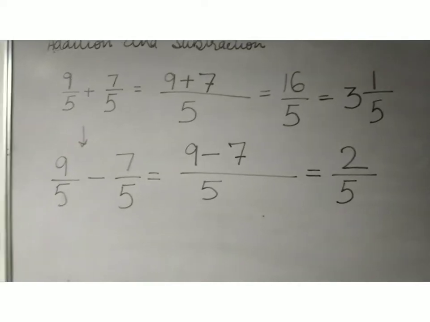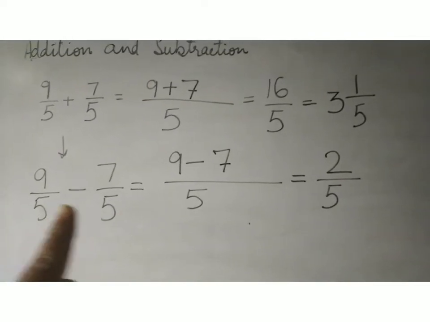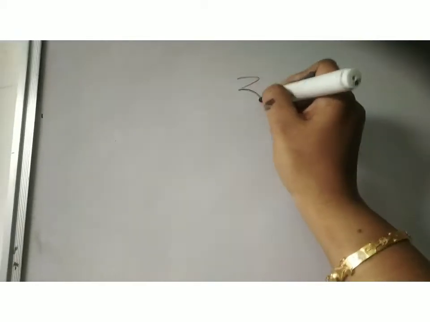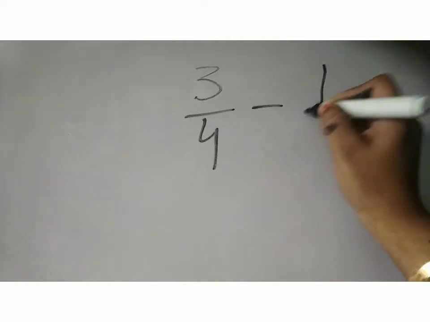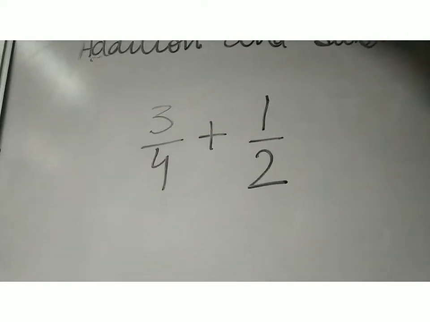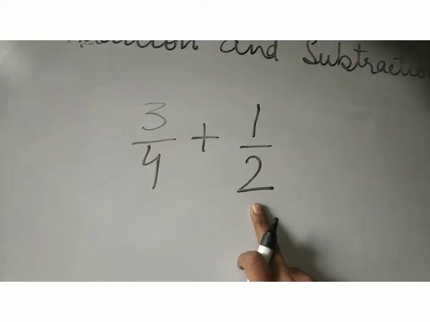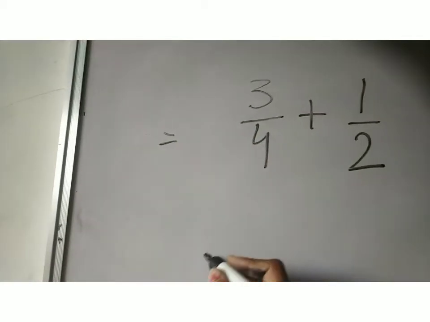Now we will see the addition and subtraction of unlike fractional numbers, meaning whose denominators are not the same. So I am taking here one example, 3 upon 4 plus 1 upon 2. Okay. So here 4 and 2 are the denominators which are totally different. So we will take their LCM.